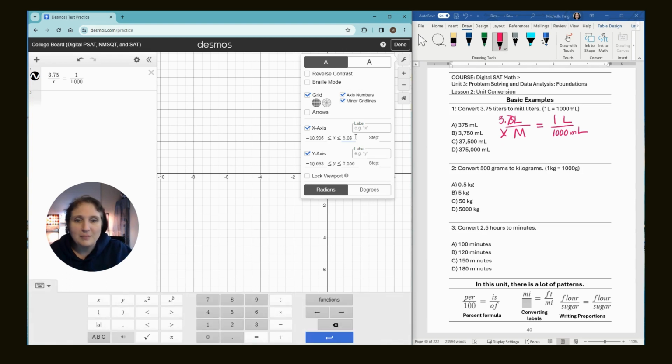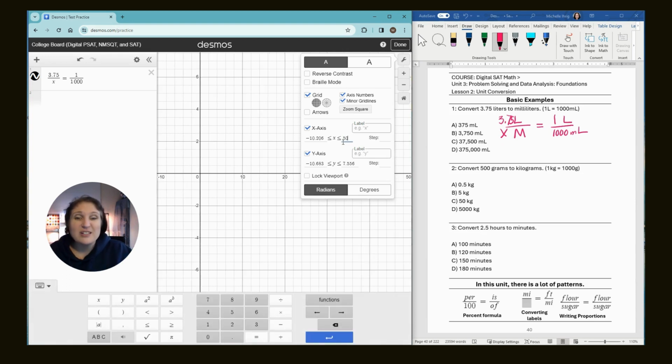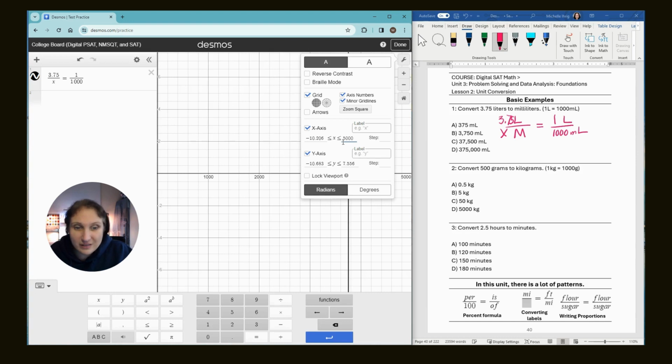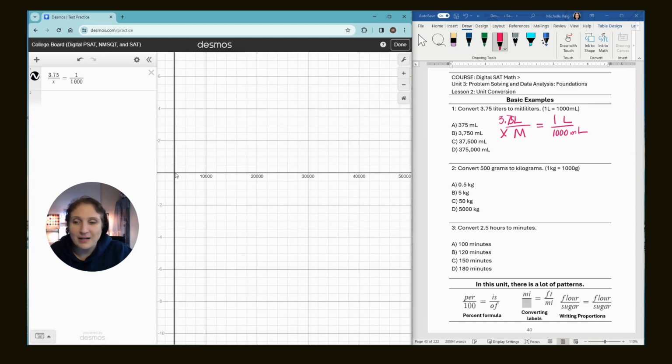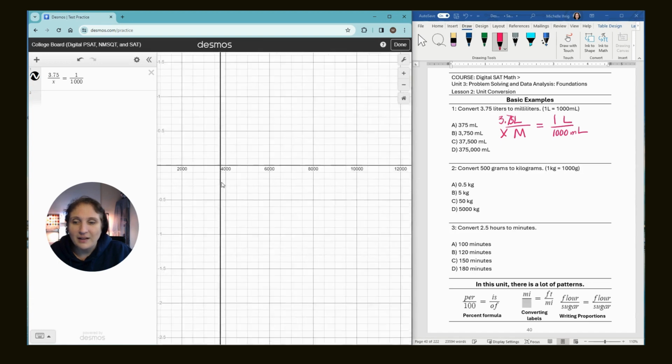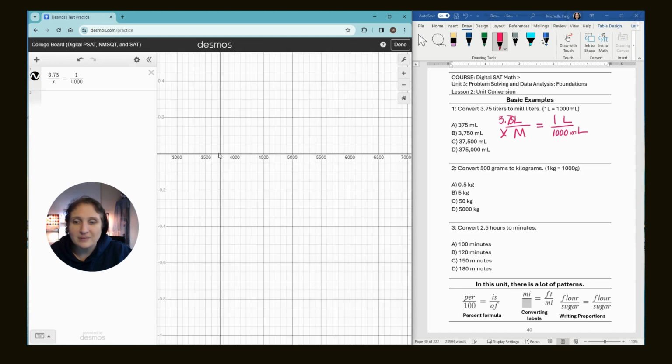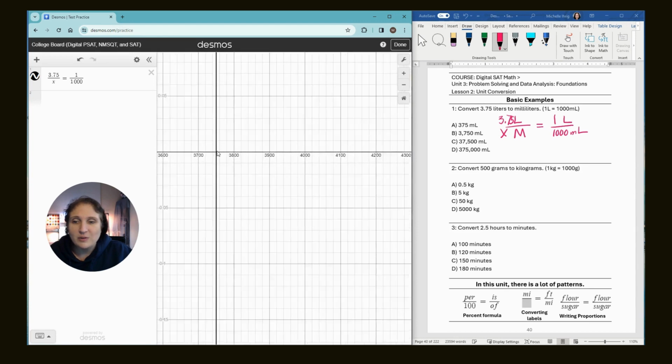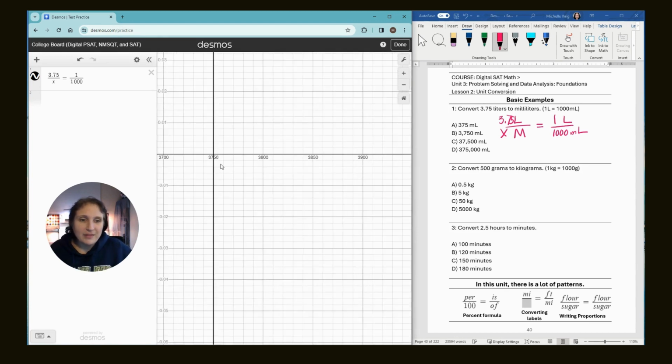So I'm going to just start by changing my x values to 50,000. Okay. And by doing that, I can see right here that this right here is my answer. And if I keep zooming in, I can see that it's at 3,750. So we have choice B.